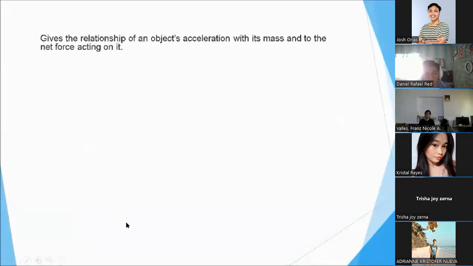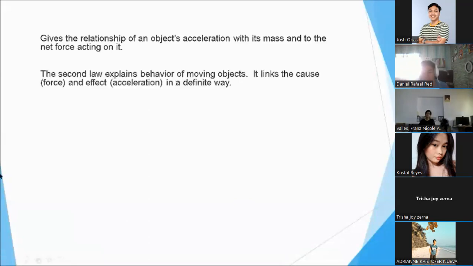Alright. So the second law therefore gives a relationship of an object's acceleration with its mass and the net force acting on it. Yun yung binibigay ng second law of motion. Also, the second law explains the behavior of moving objects, and it gives us the link between the cause and effect in a definite way, sabi nga.